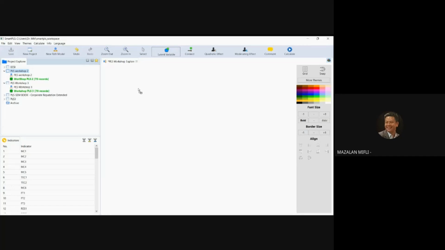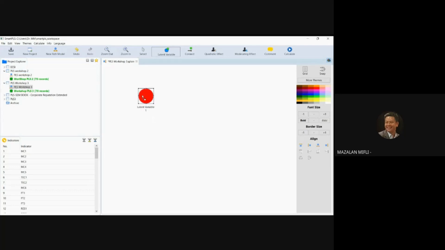Then I'm going to delete some of the latent variables, and when I want to get the whole structural model back, I'm just going to reopen it, so I don't have to draw it again and again, because it saves time.